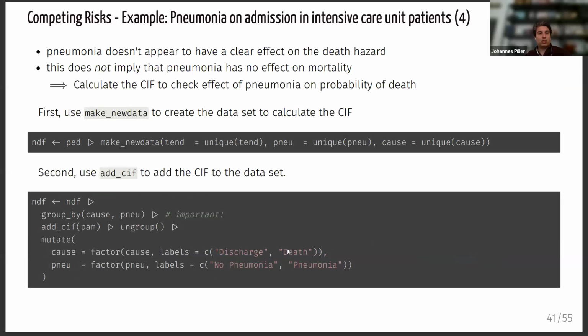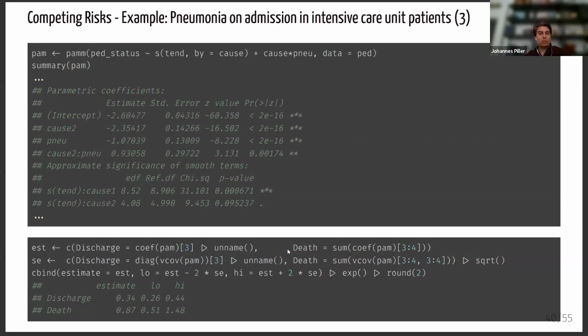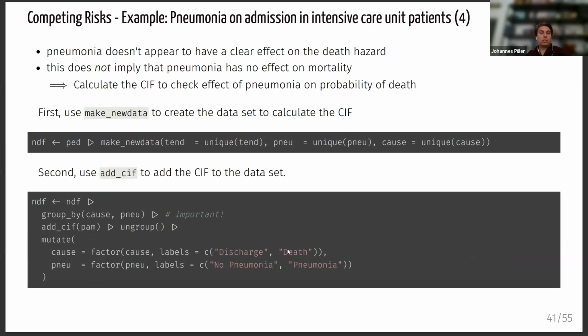The confidence intervals including the 1 show us that pneumonia might not have a clear effect on the death hazard, but we cannot conclude that it does not have an effect on mortality, because we want to know whether patients with pneumonia are more likely to transition from being in the ICU to death rather than from the ICU to discharge. To do that, we have to add the cumulative incidence function.